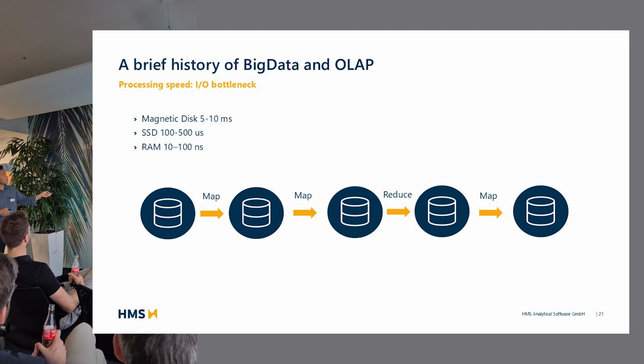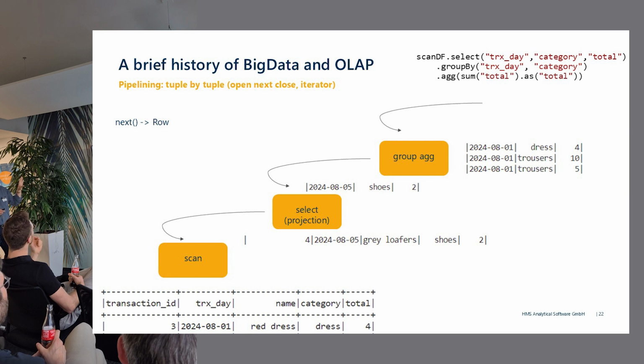On the one hand, as MapReduce does, we can materialize our intermediate results, or we can do it like conventional relational databases do. Starting from the mid-90s till, I think, the mid-2000s, this is the way conventional relational databases processed the data.